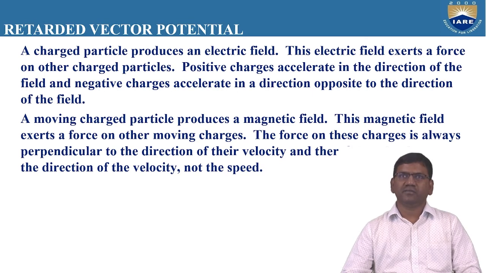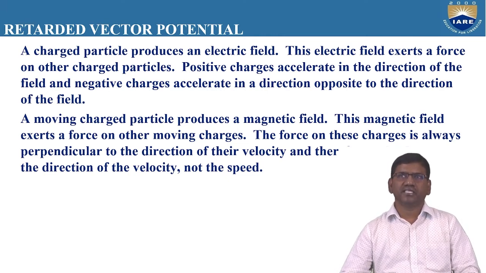We have two types of charges: positive charges and negative charges. The positive charges accelerate in the direction of the field and the negative charges accelerate in the direction opposite to the field. According to physics, a charged particle will produce a static electric field if the particle is stationary.